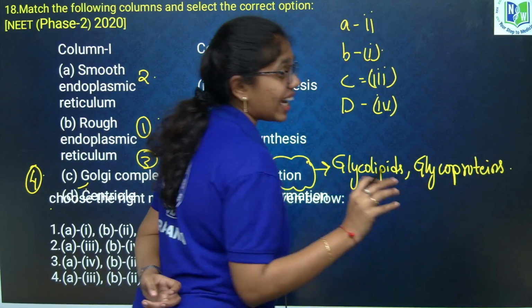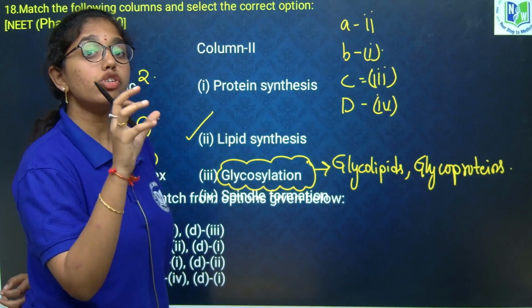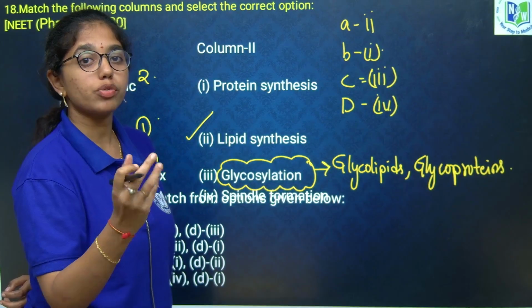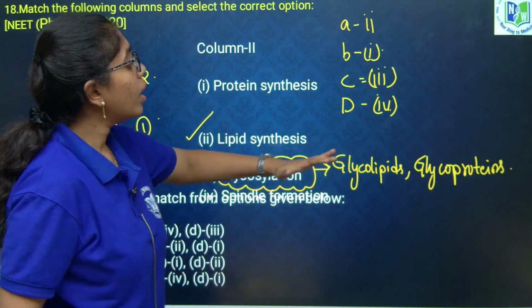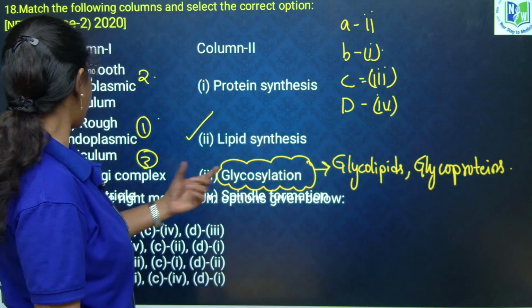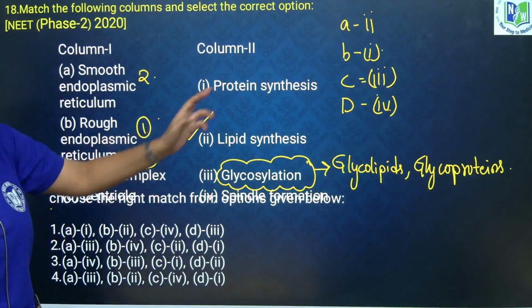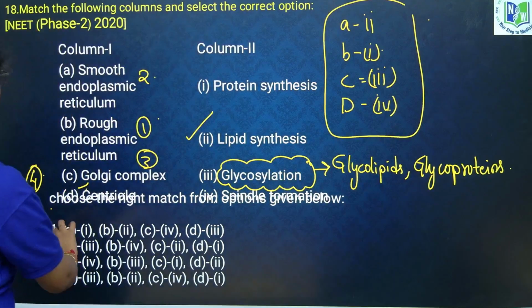Packaging of proteins and lipids in the Golgi by adding sugars like glucose, mannose, fructose and packing them into glycolipids and glycoproteins is called glycosylation, that happens in Golgi bodies. This is the sequence of the options. Somewhere it is mistaken over here.